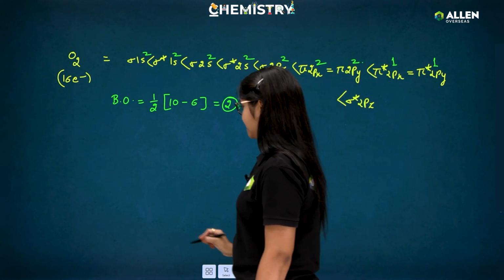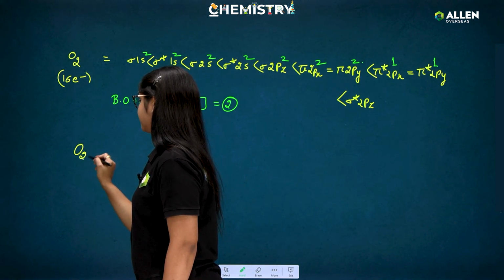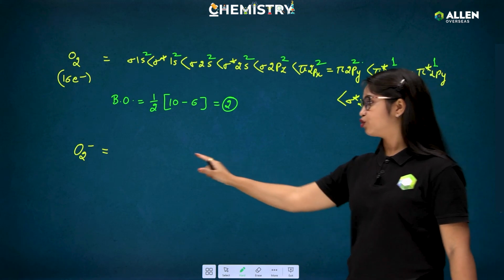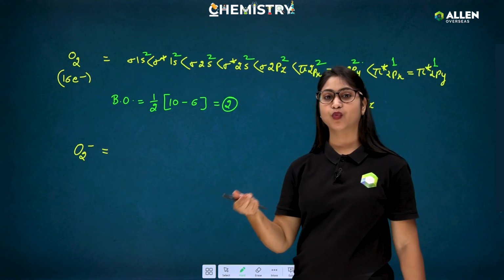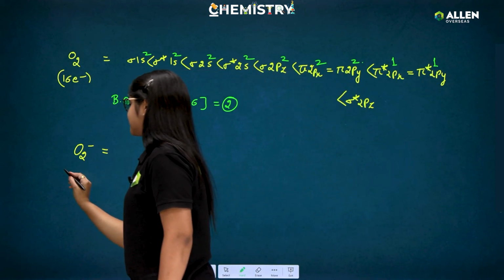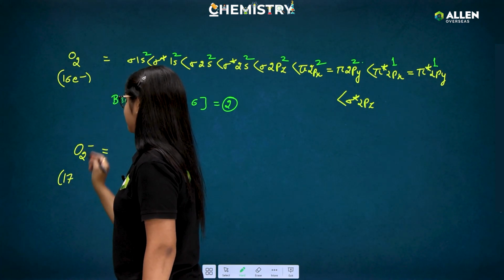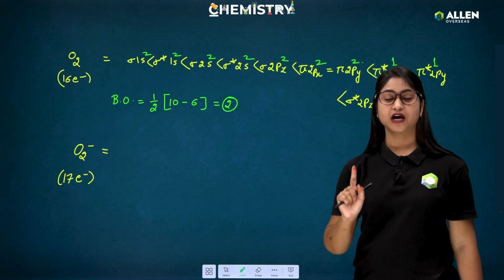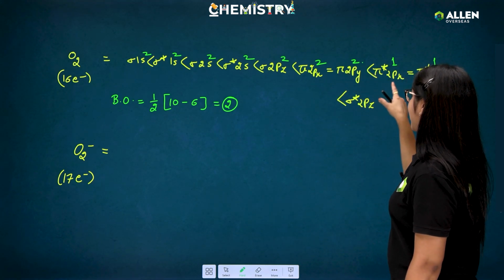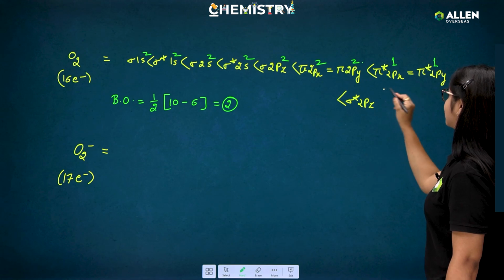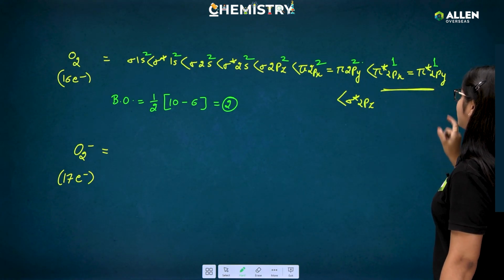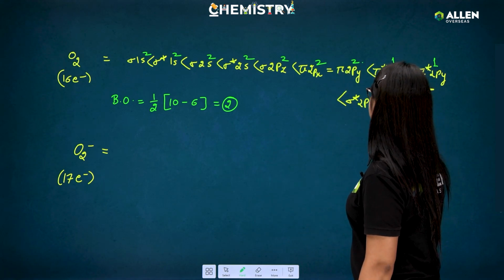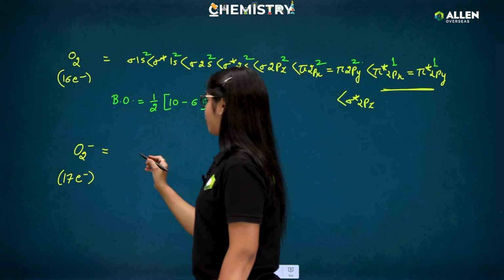Now for O2 minus you don't have to write the complete energy order again. In O2 minus you just have to add one more electron. O2 has 16 electrons, so O2 minus has 17 electrons. Just see where the next electron will be added: in pi star 2px, pi star 2py. So the next electron is added in the anti-bonding orbital.